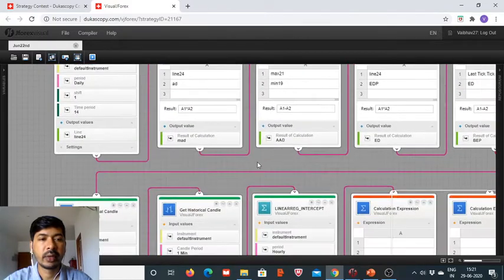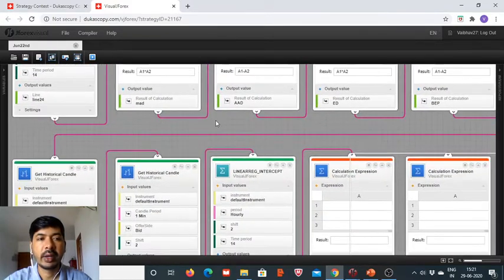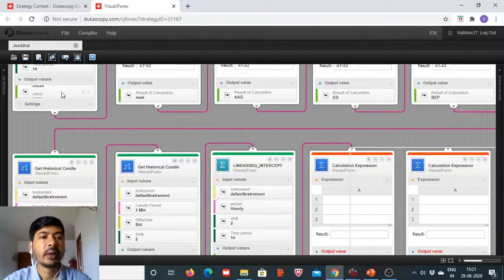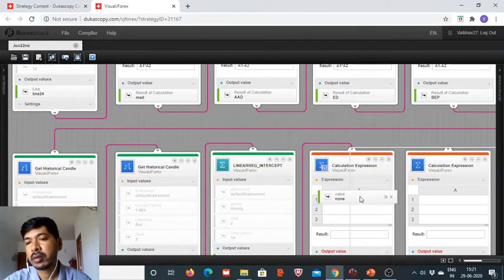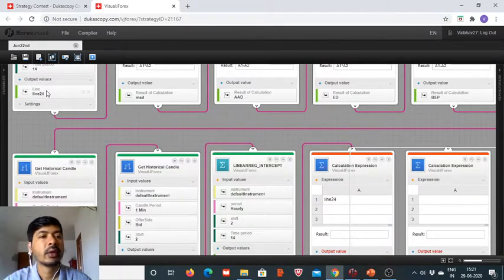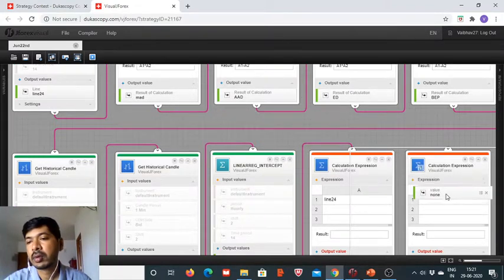Let me see. Okay, here is the daily ATR. Line 24 is the daily ATR, so we get it.